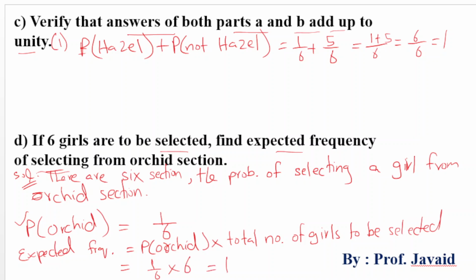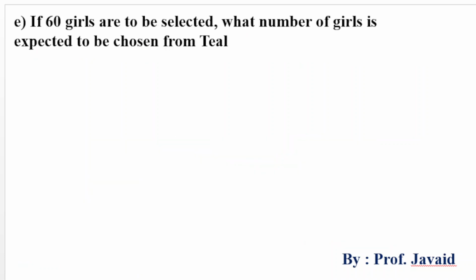Okay, so the next part of this question is: if 60 girls are to be chosen, what is the number of girls expected to be chosen from Tail? First of all, we have to find the probability of Tail. We know that it is only for 1, so that will be 1 over 6.